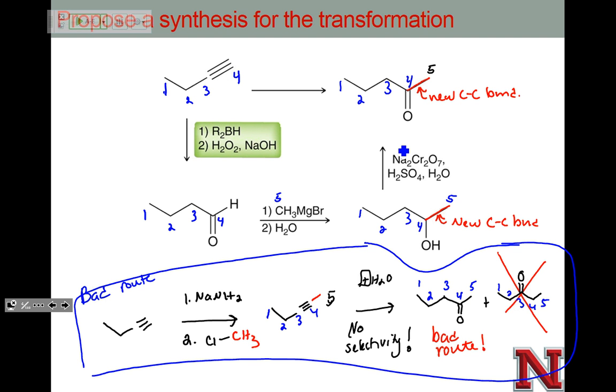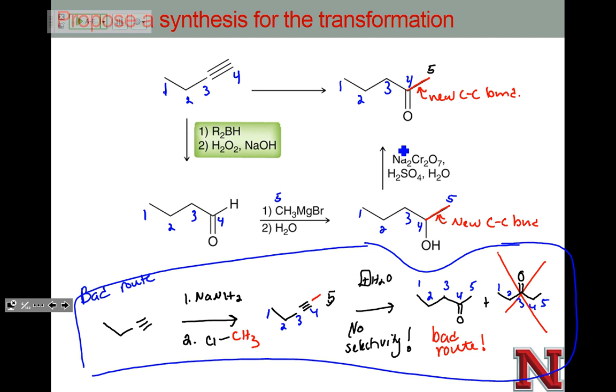Then we can make this our Grignard by putting our bromine on the least substituted position. So now this can attack, and we are adding a new carbon.